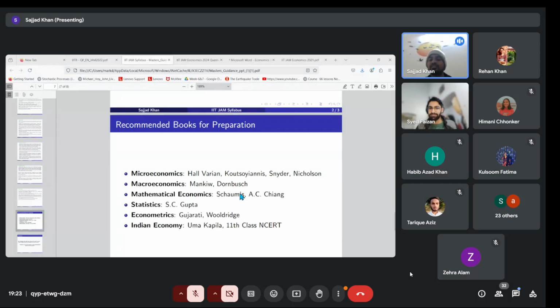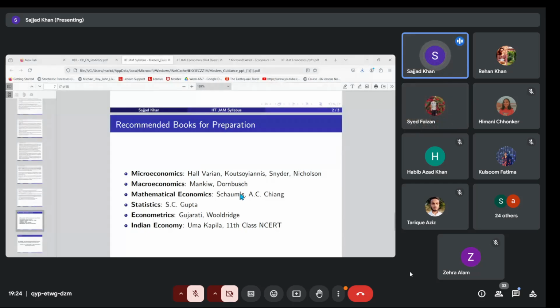I did not give much time for JRF, because I have basic knowledge about macroeconomics, but the syllabus which is studied in IIT is different from the UGC NET.